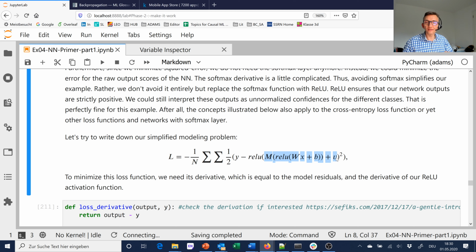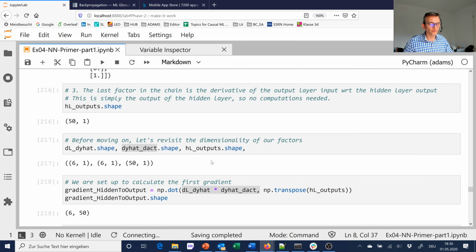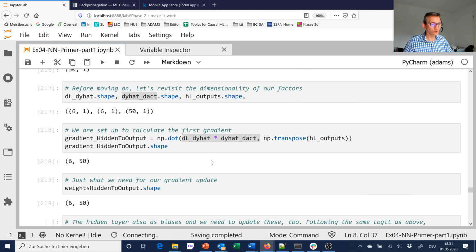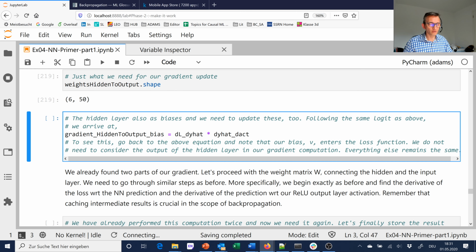And since we use the chain rule, we only have to add a factor 1, which we can dismiss, in order to calculate the partial derivative of the loss with regard to the bias vector V. And then it's just the same part that we were computing before. Here we go. Now we have half of the gradient.